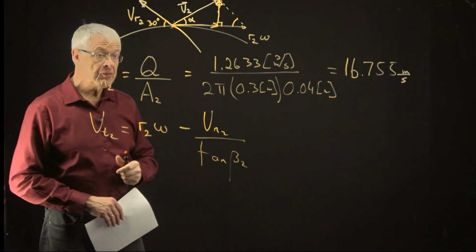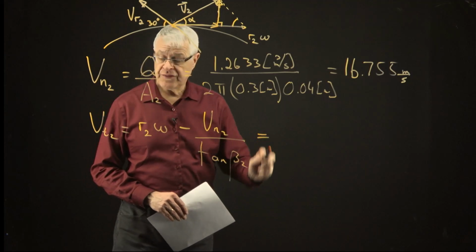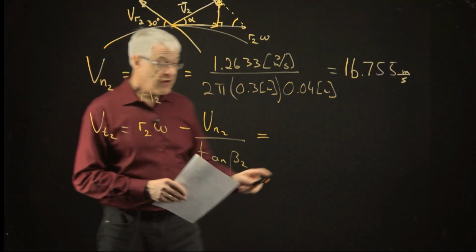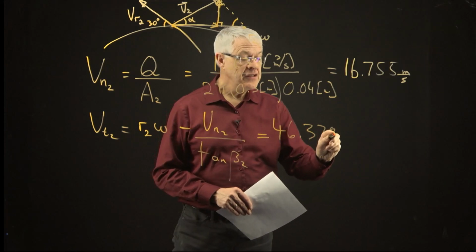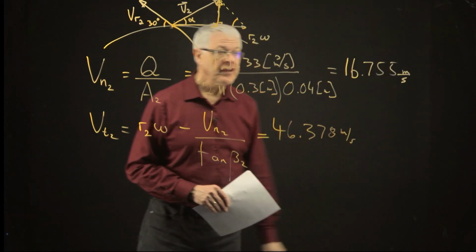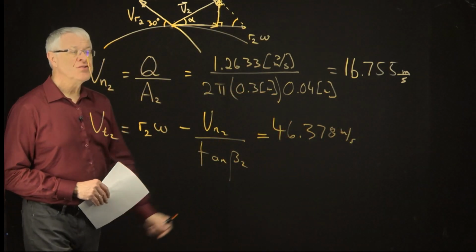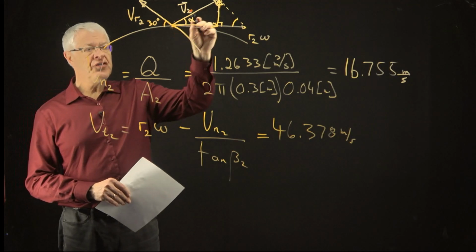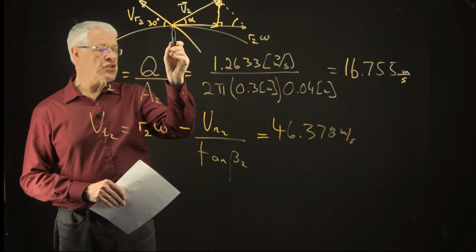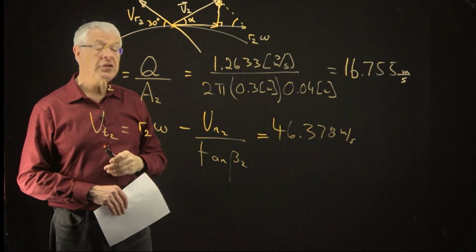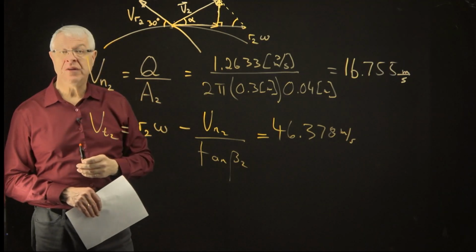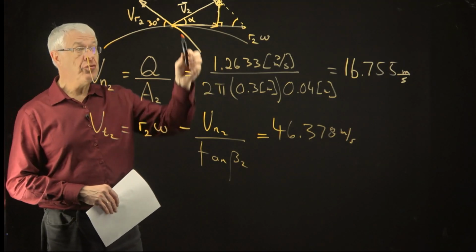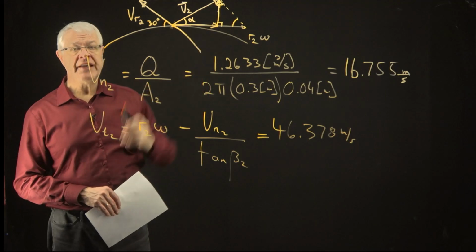So all of those numbers go in there, and that gives us a tangential velocity of 46.378 meters per second, all right? So this velocity we're looking for, its tangential component is 46 meters per second, and its normal component is 16.8 meters per second.